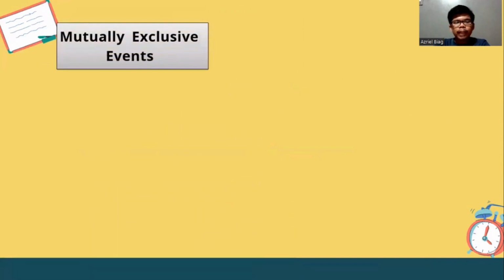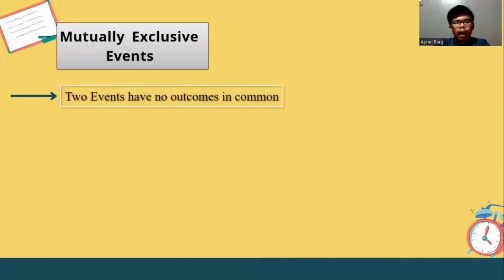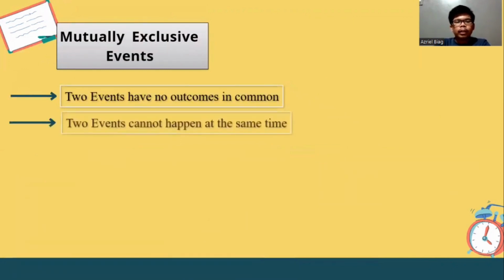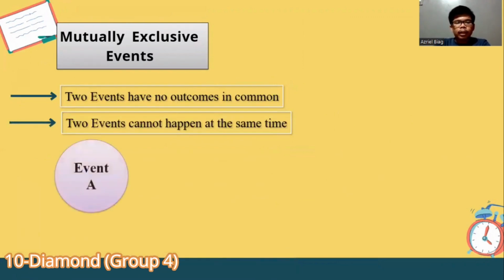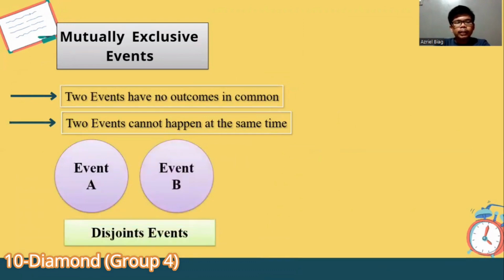Two events are said to be mutually exclusive if they have no outcome in common, or if the two events cannot happen at the same time. They are also referred to as disjoint events and can be illustrated using two circles without overlapping, since event A is totally different from event B.